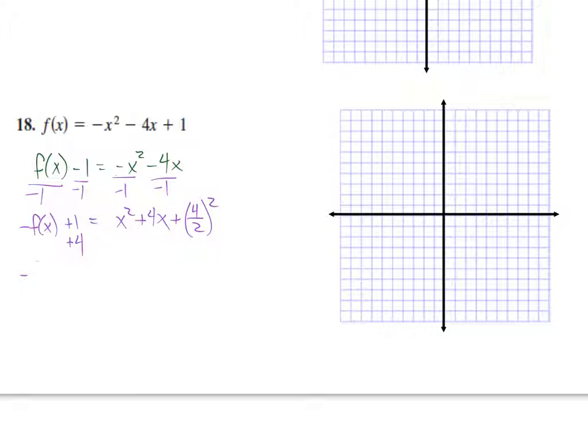So now I've got negative f of x plus 5 equals x squared plus 4x plus 4. The square has been completed. So now we have negative f of x plus 5 is equal to x plus 2 squared.